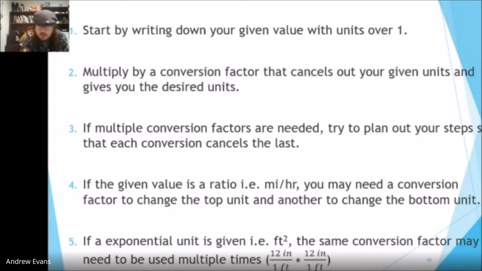Finally, one thing to note is if you have a square or cubed unit, you may have to do a conversion more than once, because an inches to feet conversion only converts one of those feet squared. And so you'd have to do it twice. Essentially, there's 144 inches squared in a foot squared, which is 12 by 12, by the way.